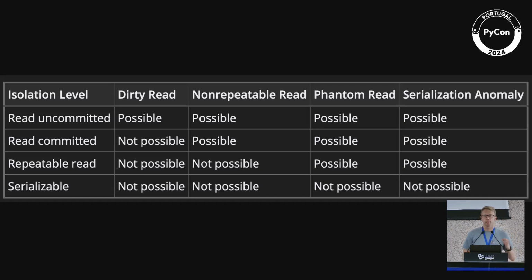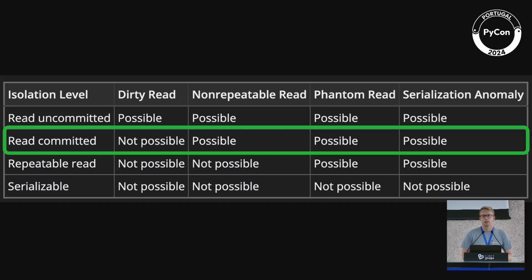But then we go to the next isolation level, the read committed. And this one is the default one for most frameworks, at least for most web frameworks. Why? Because it solves this commit issue.